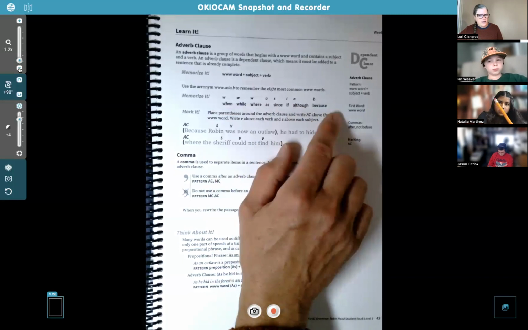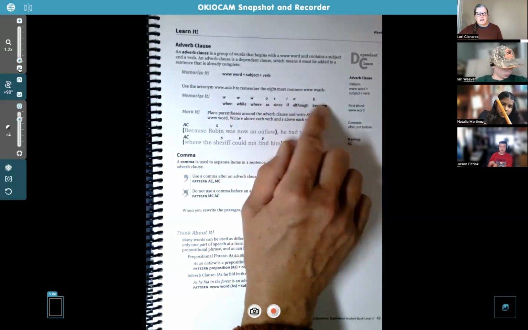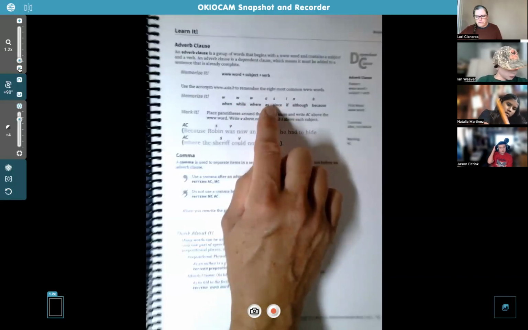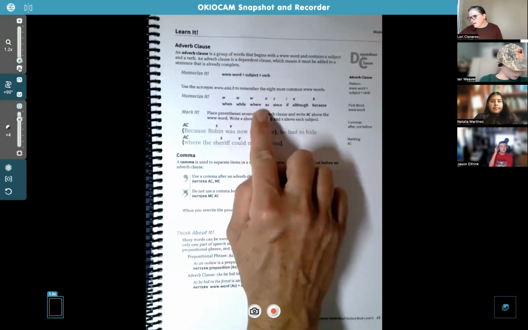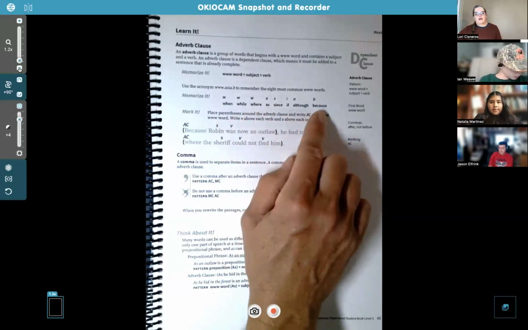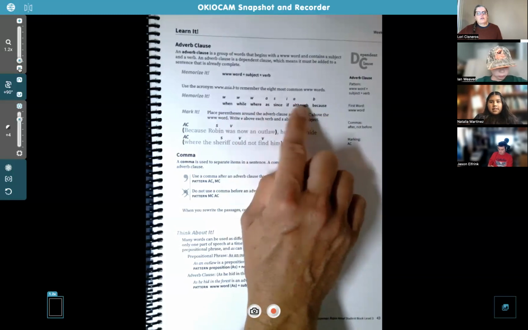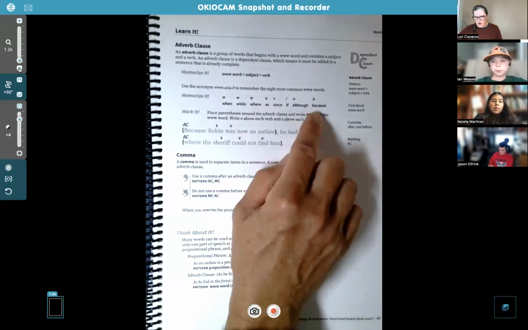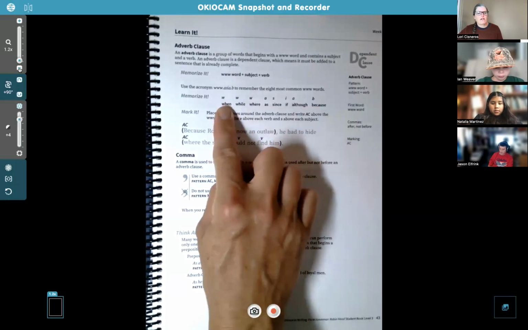Eventually, I want you to memorize those because then it'll be easier for you to spot them. Okay, when, while, where, as, since, if, although, because. And each one of those words is an adverb, and it begins the adverb clause. So those are the words you're going to look for when you mark the clause.